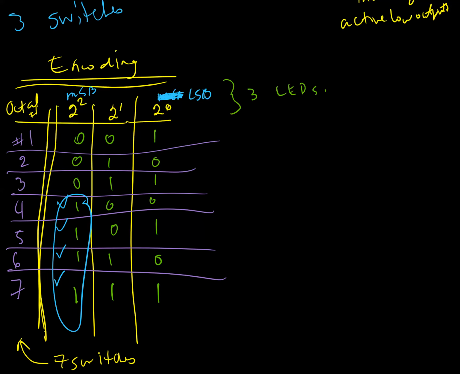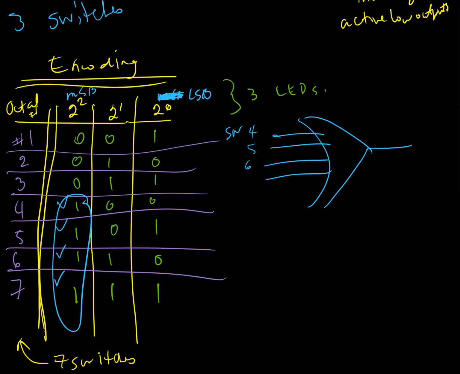So that case is an OR gate, and we would have switch 4, 5, 6, or 7 going to our LED for 2 to the 2, which is the most significant bit, right?